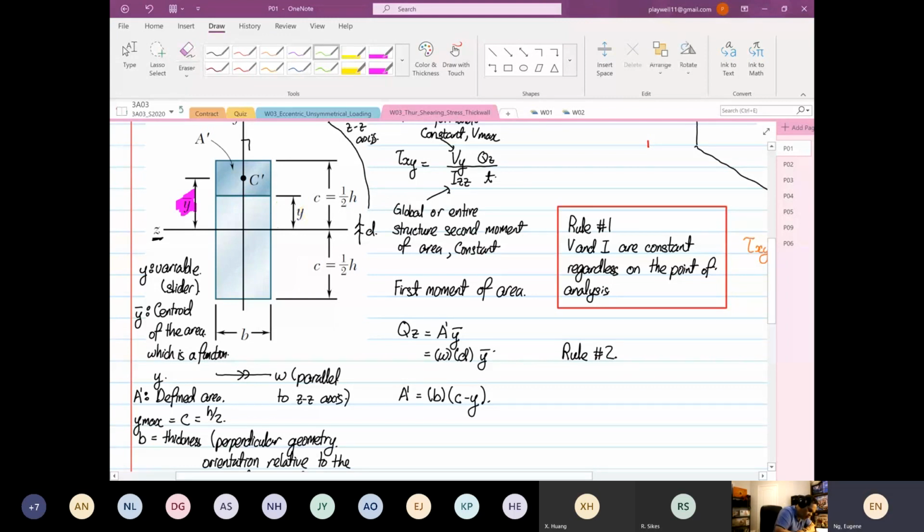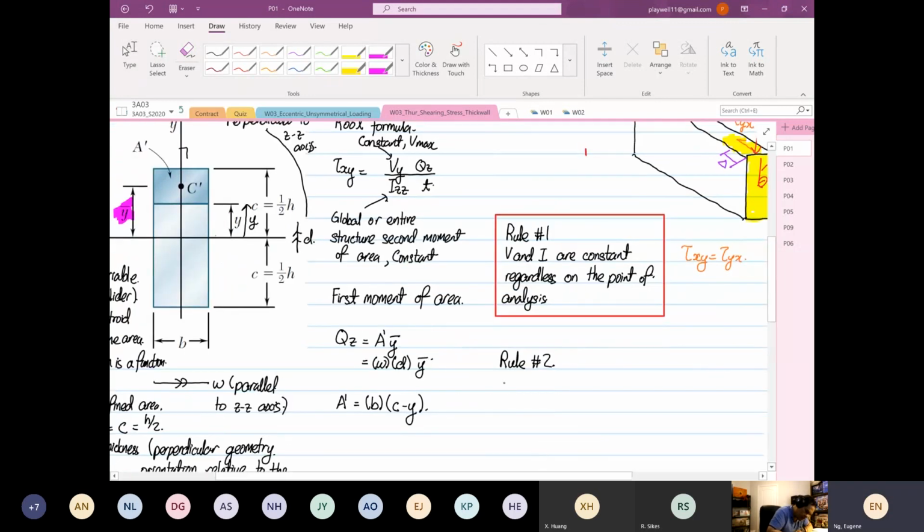So these are Y. So rule number 2, by finding the first moment, by finding the area, the datum of the analysis will start at the centroid.